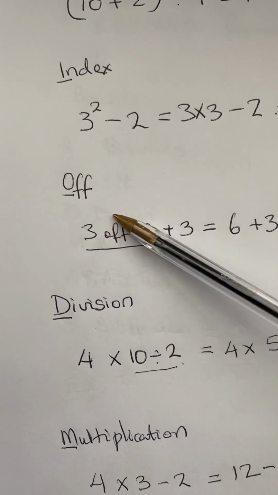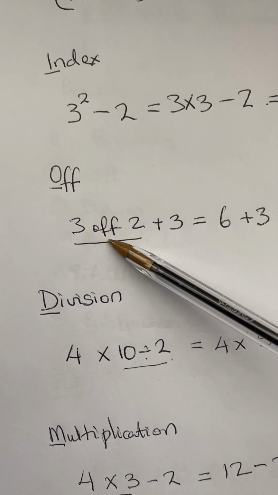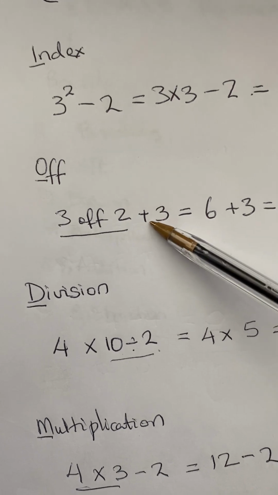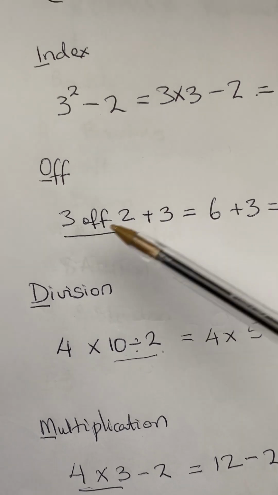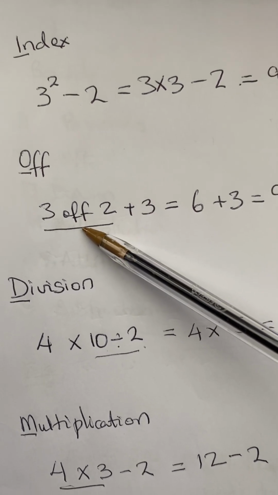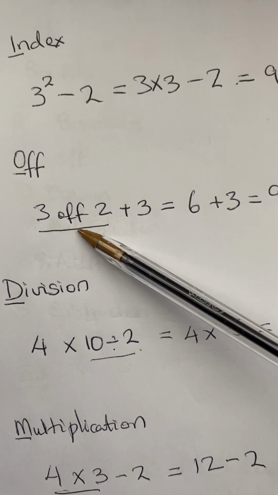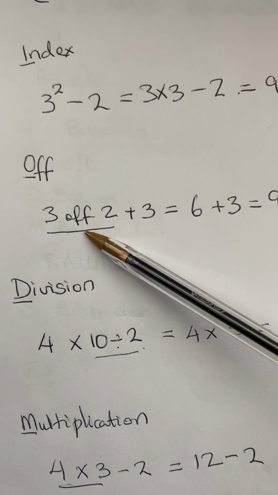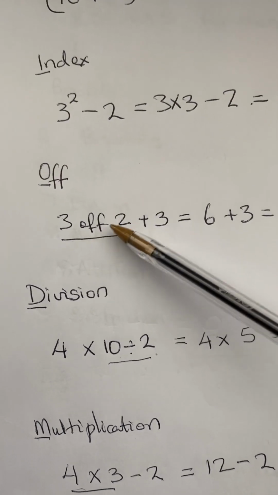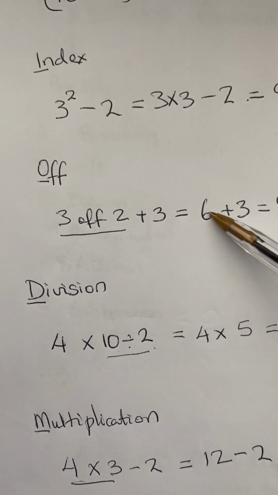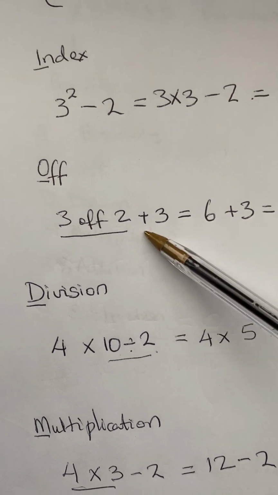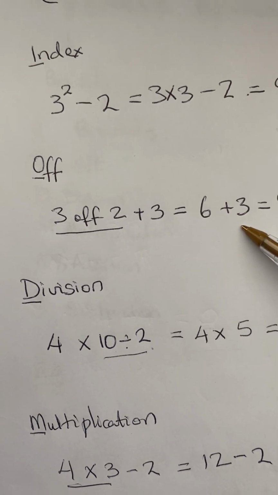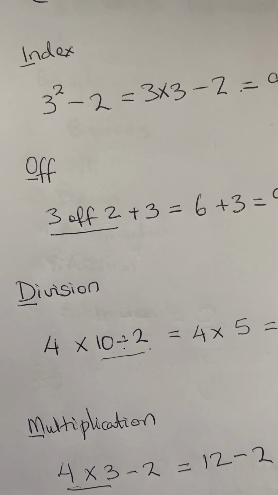Of is 3 of 2, add 3. Of is similar to multiplication. So 3 of 2 is 6. Then you add 3, which is 9.